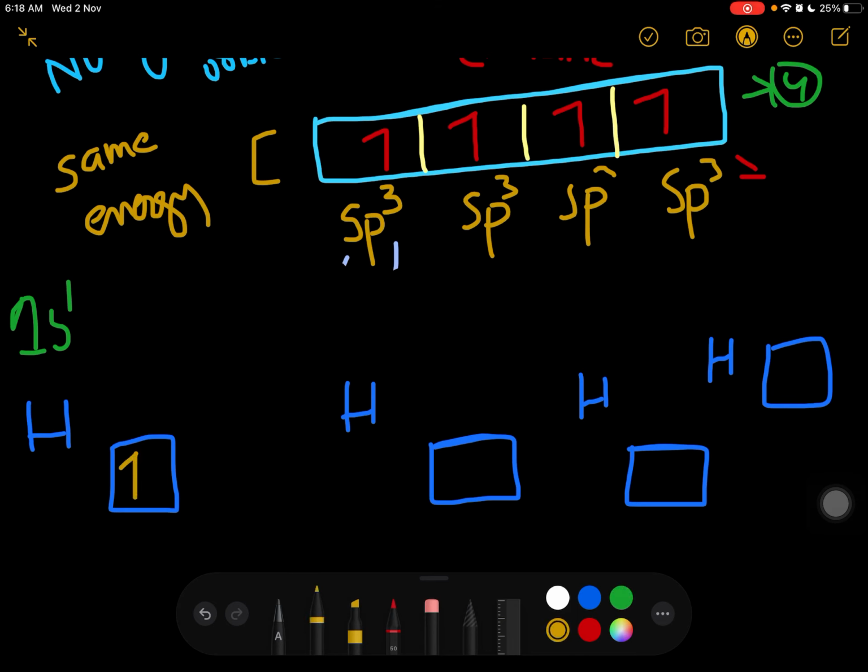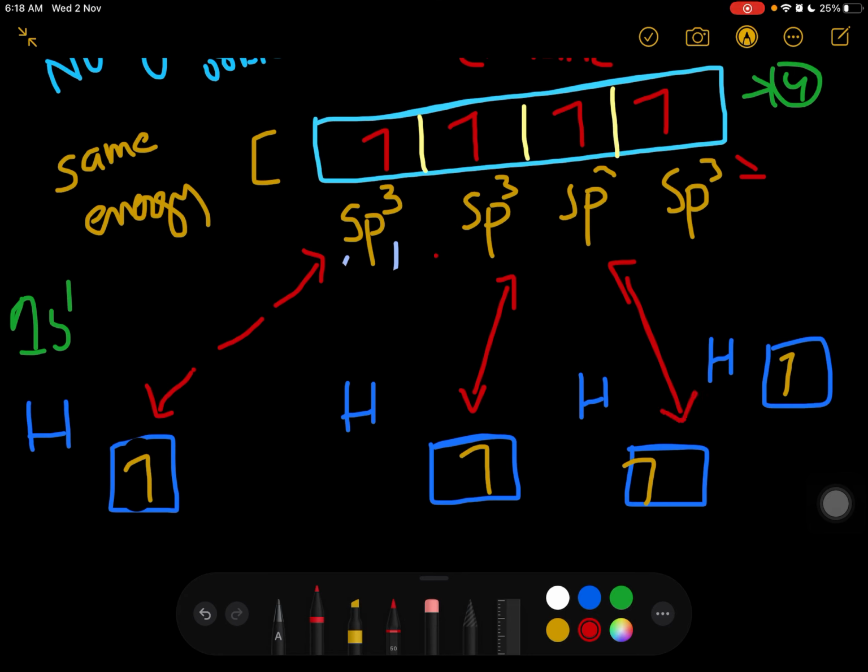So it will be like this, this and this. Now it will form a bond with this sp3, this sp3, this sp3, and this sp3.